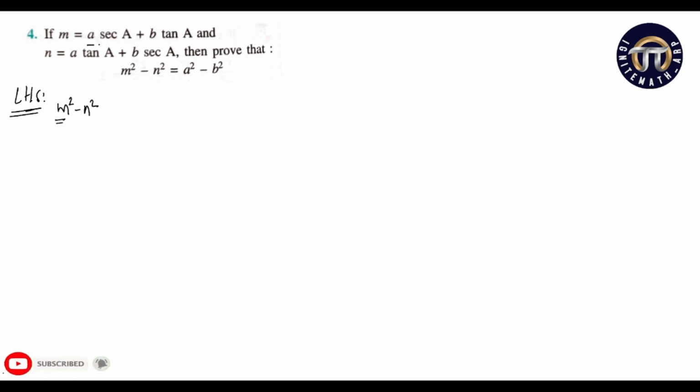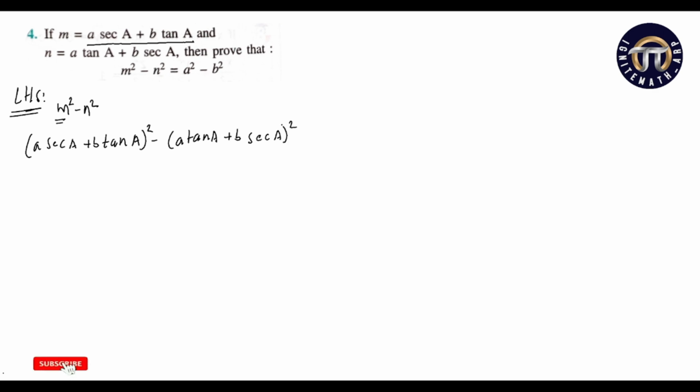So what is m? M is this whole term. So I'll replace this m by a sec a plus b tan a the whole square minus, then n is a tan a plus b sec a the whole square.